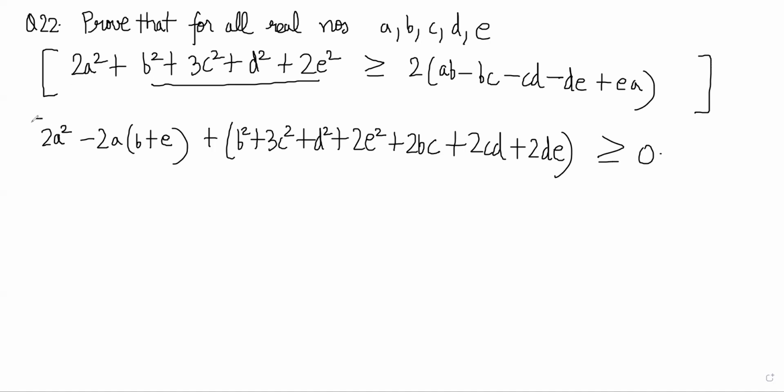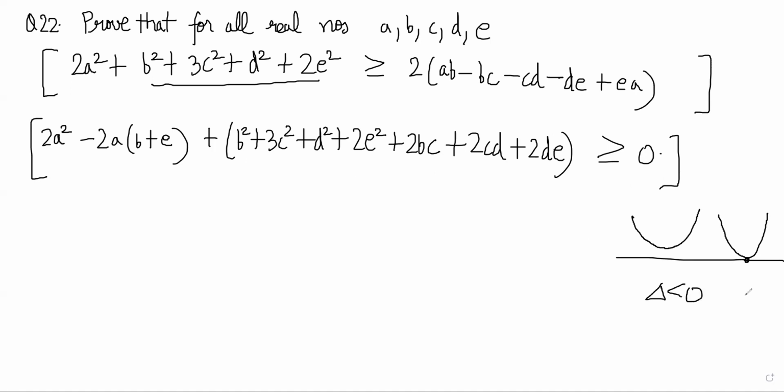Right. So this is a quadratic in a, and the left hand side is a quadratic in variable a with a positive leading coefficient. Therefore, the quadratic opens upward, so you can have either this case or this case. The only way this happens is del is less than 0 or del is equal to 0.